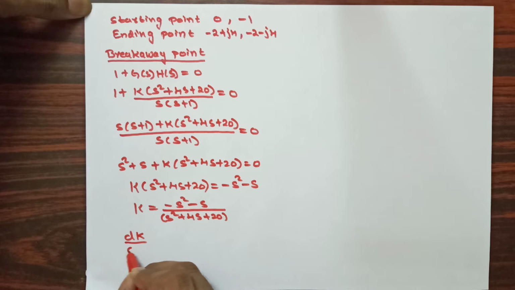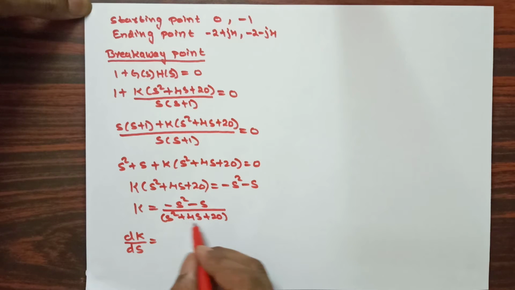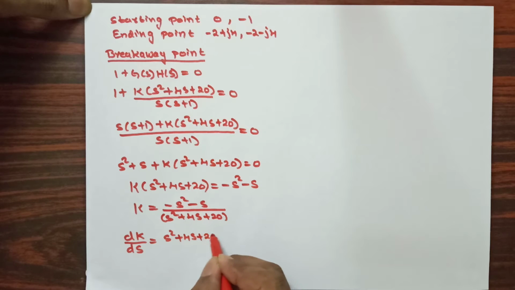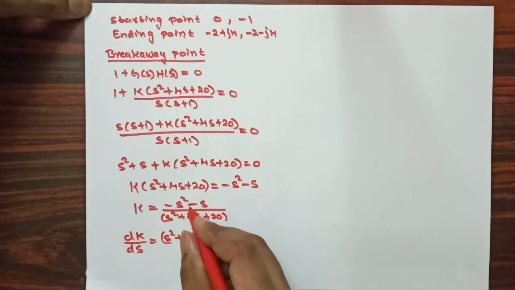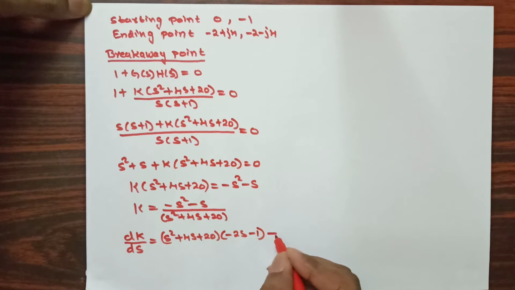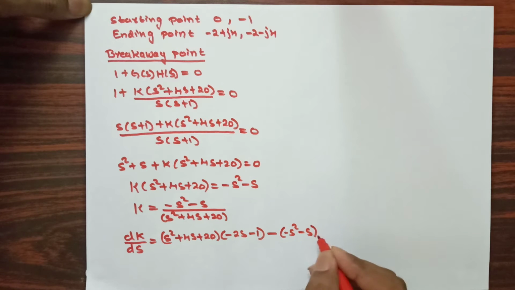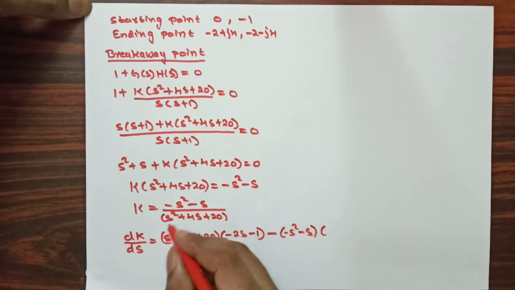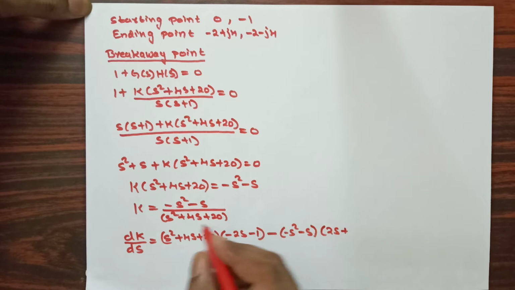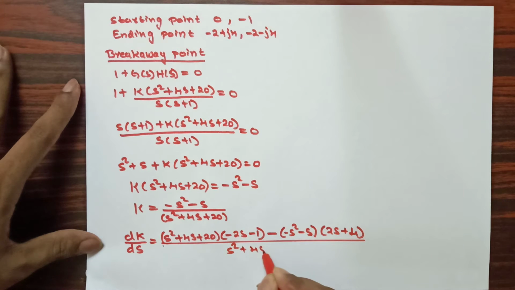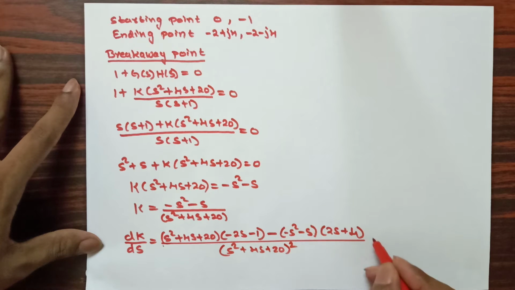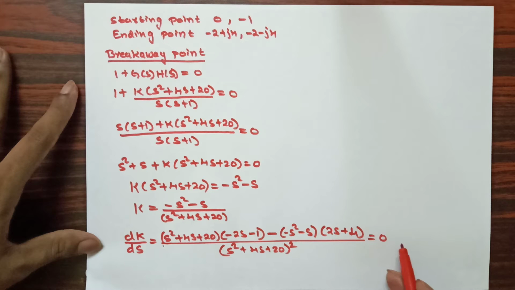Differentiating this K equation with respect to s, dK by ds is equivalent to: I keep the denominator constant, s squared plus 4s plus 20, and differentiate the numerator, minus s squared is minus 2s, minus s is minus 1, minus, keeping the numerator constant, minus s squared minus s, differentiating the denominator, s squared differentiation is 2s plus differentiation of 4s is 4, whole divided by (s squared plus 4s plus 20) whole squared, equal to 0. This denominator term goes to the right hand side and becomes 0.